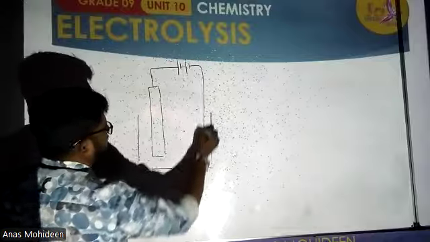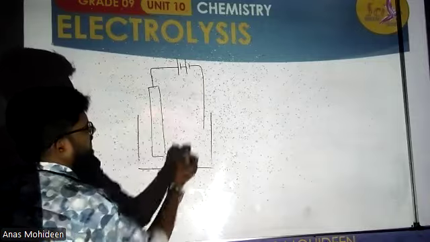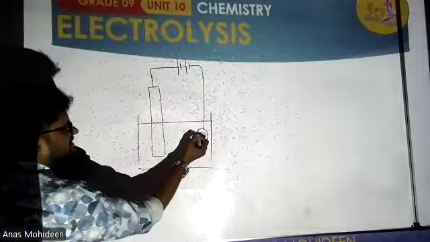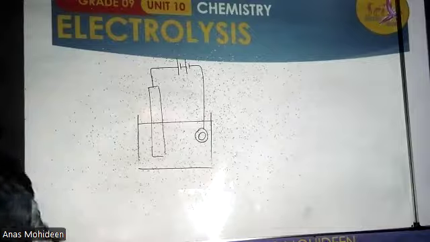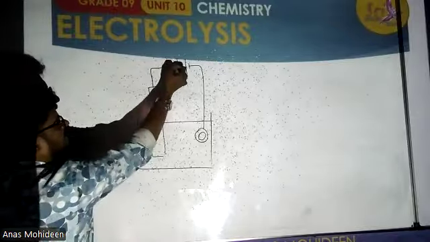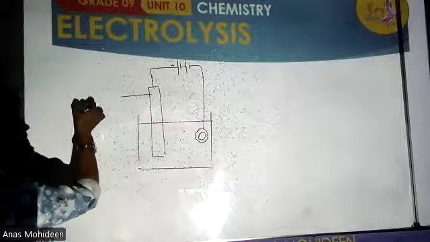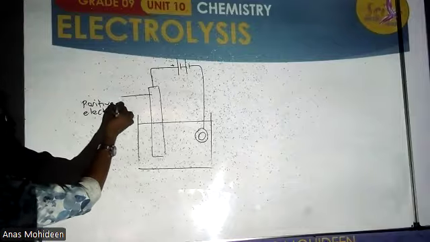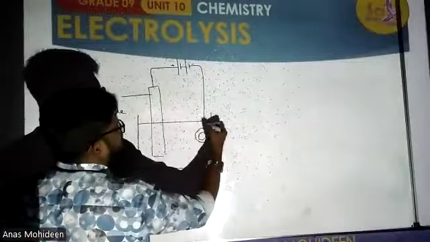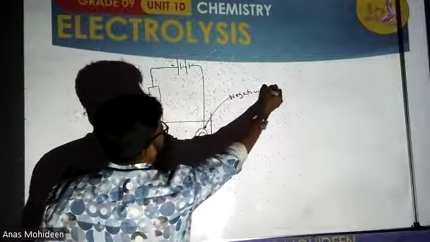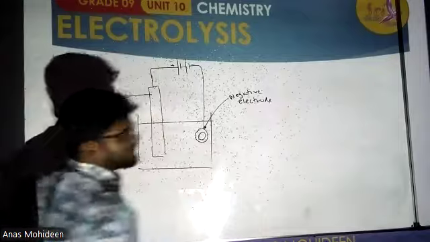It is external supply. And this is the ring or any sort of circular metal surface that we have. Now look at this. It is the positive terminal. This should be the positive electrode, correct? And this is the negative terminal. So this has to be the negative electrode, correct?